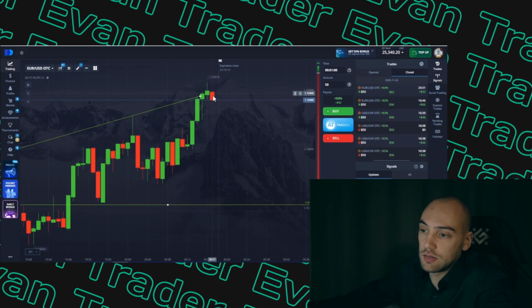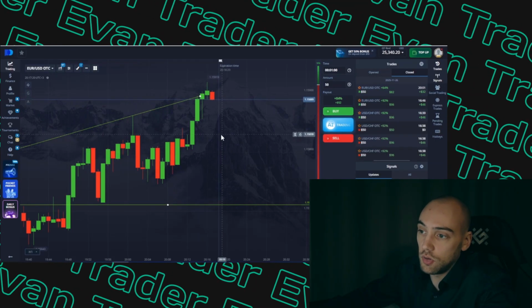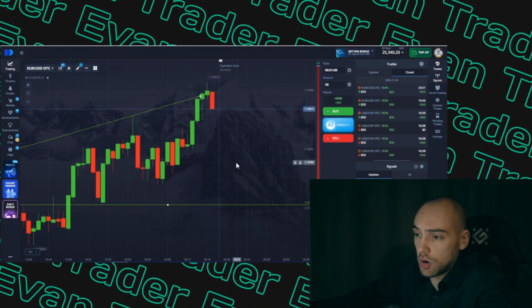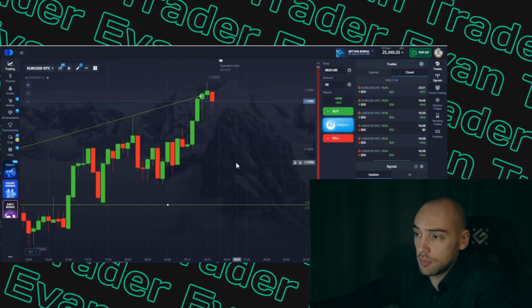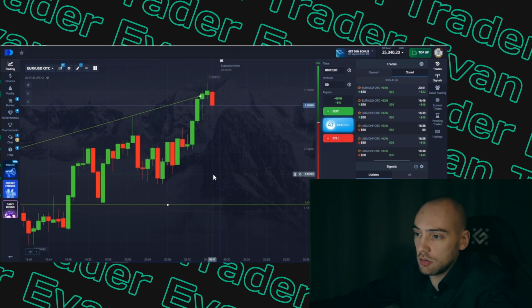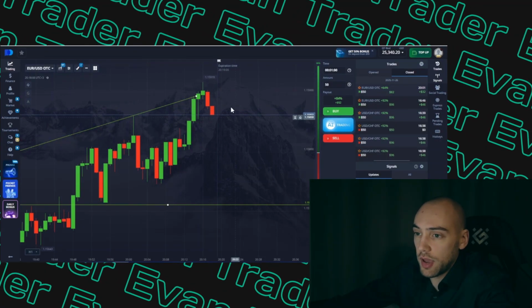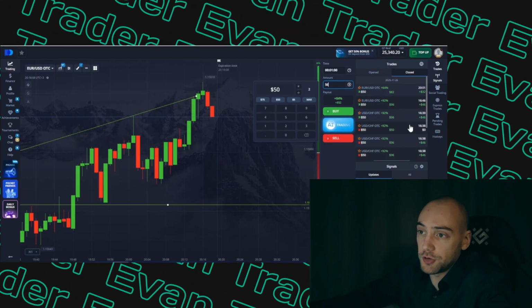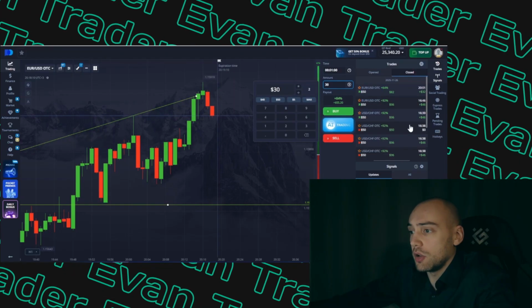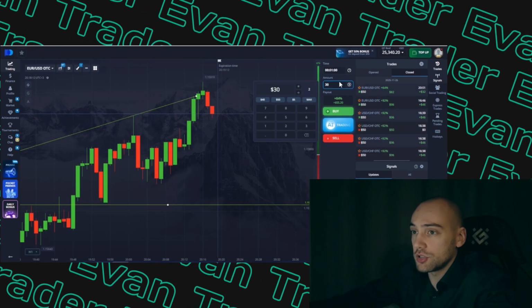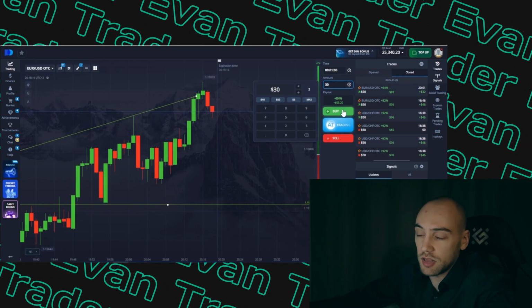As long as these candles continue to grow, we'll just watch the market for a bit. Yeah, so we see that it's a bullish uptrend, but it's slightly pulling back. I'll open my first Euro USD trade. I'll set the volume to say $30 and stay on a 1-minute time frame.